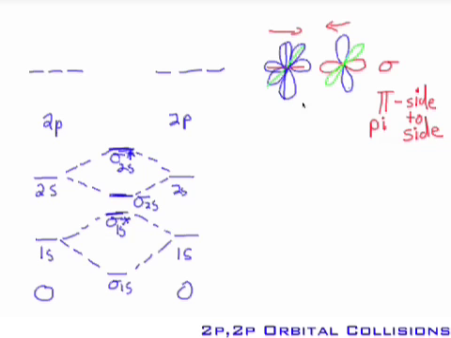So the energy gap for the head-on collision is big when it's in phase. And remember, the out of phase component, the antibonding, must be the same amount higher in energy. And this is a head-on, so it's sigma.